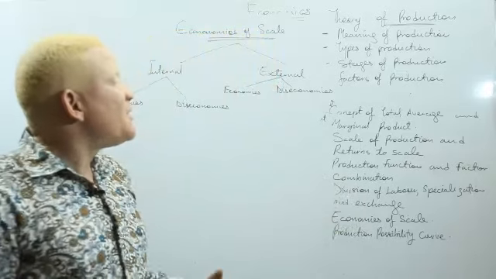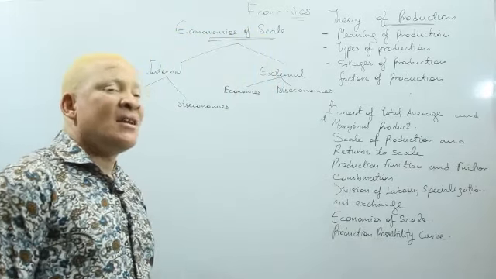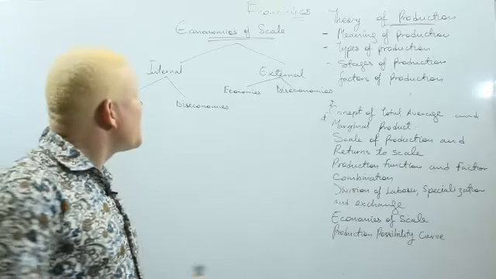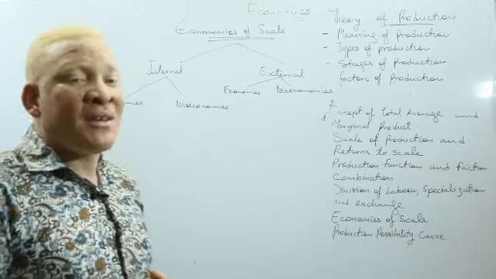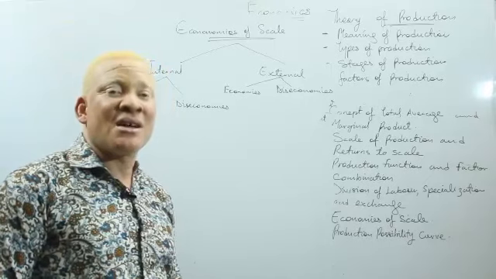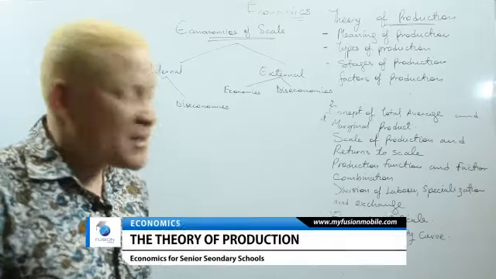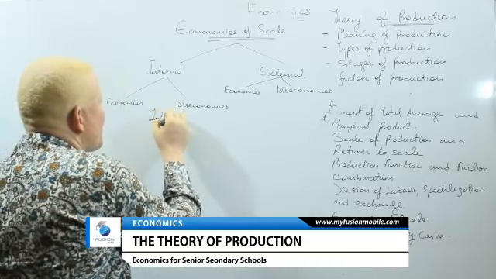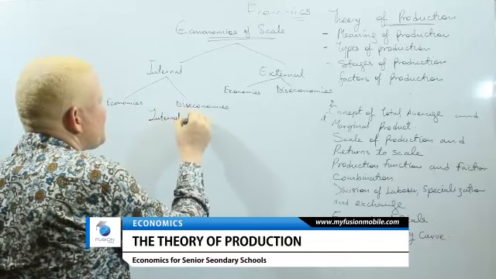If it is able to do that, then definitely from small scale you increase to a large scale. These benefits or costs can come internally or externally. Now let's look at internal economies.